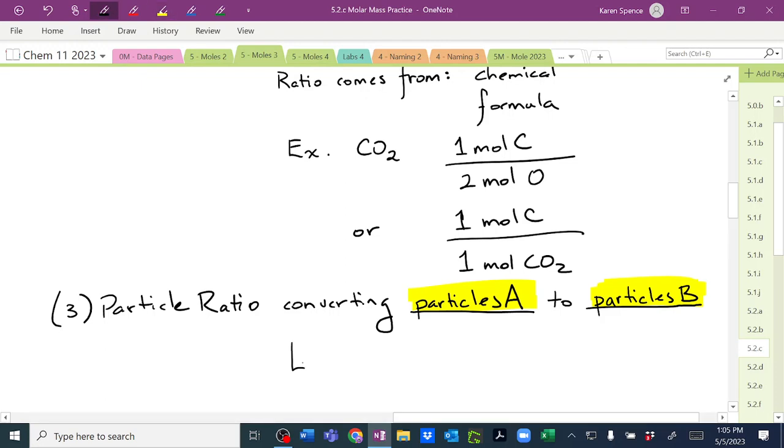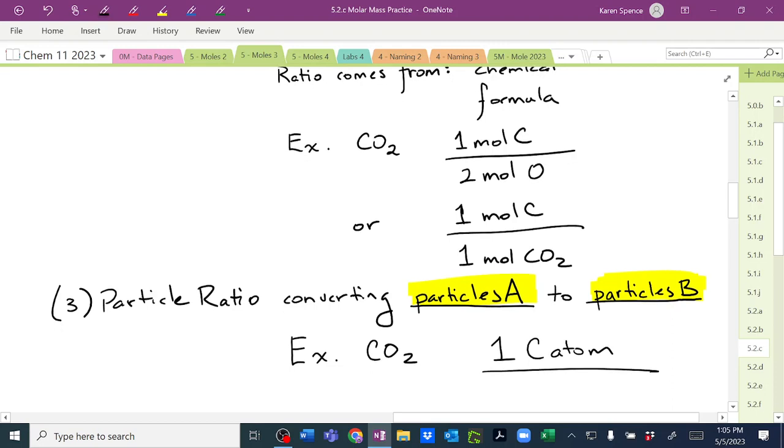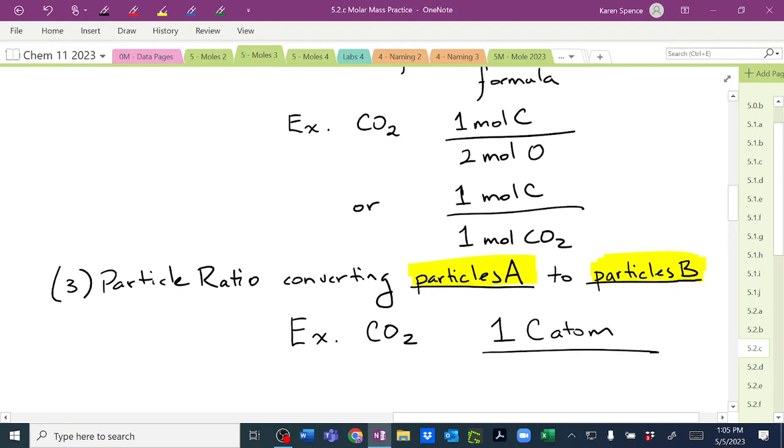So for example, we'll use CO2 again. We could have 1 C atom for every, anyone want to give me something to go on the bottom of that? 2 O atoms.